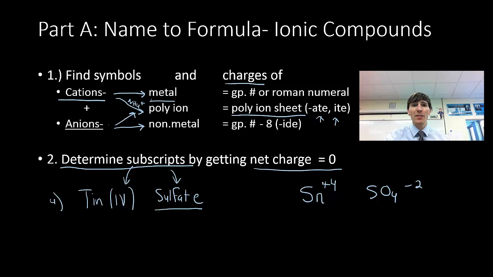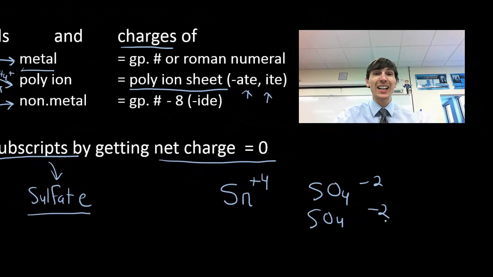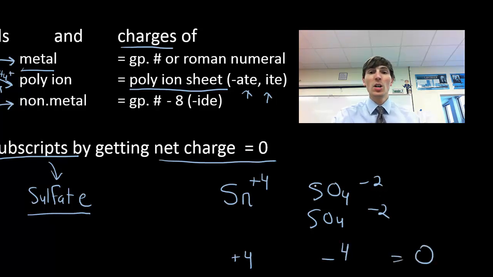Right now I have an excess of positive charge. This is not a neutral compound. It needs to be neutral. So this is going to find another one of these so that it can balance out. That positive 4 has to equal out to the sum of all these charges, minus 4 to get 0. So I actually need not one but two SO4s.